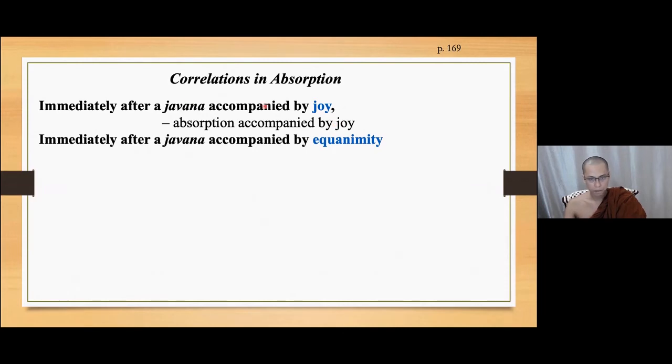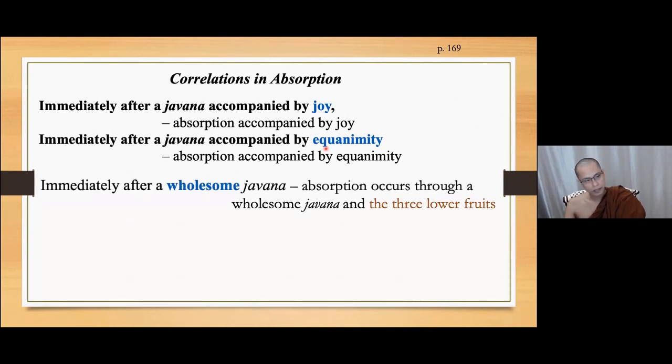So after the jhana accompanied by joy, the absorption accompanied by joy, and after the jhana accompanied by equanimity, the absorption accompanied by equanimity. This is how the agreement works. We do not make it; we understand that it arises naturally.